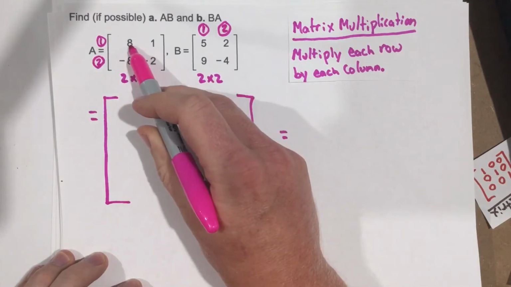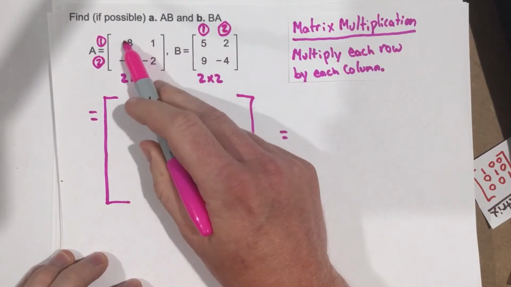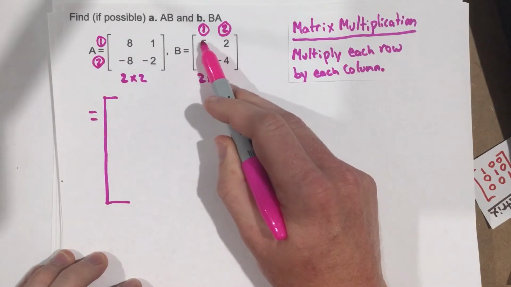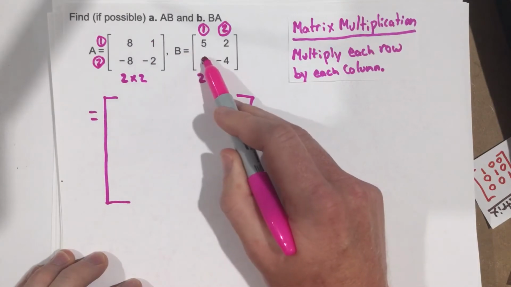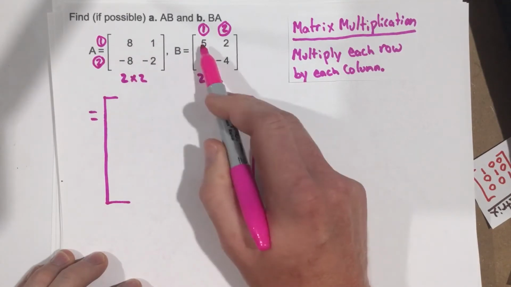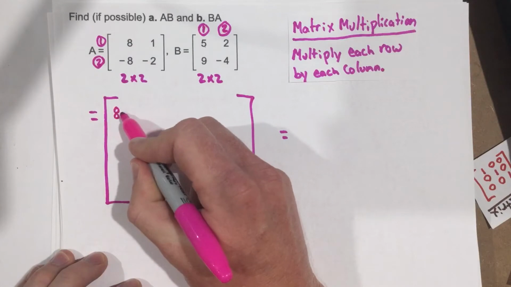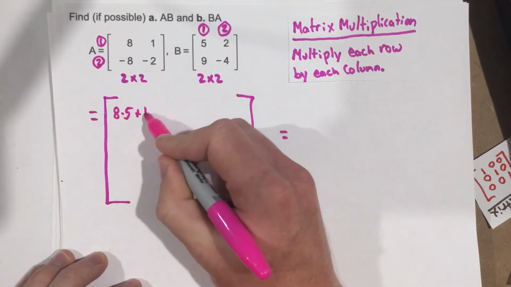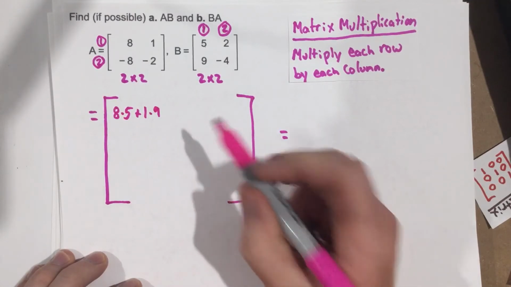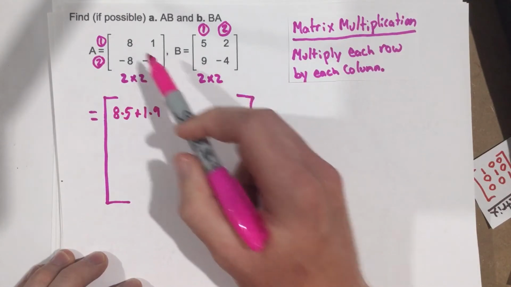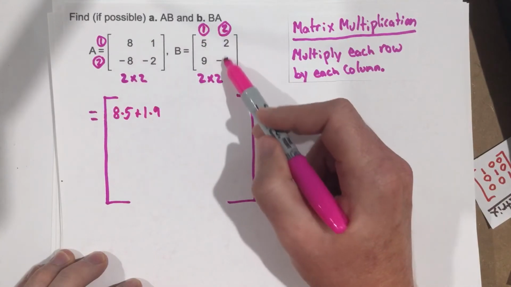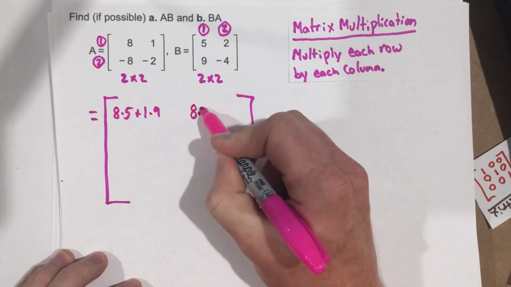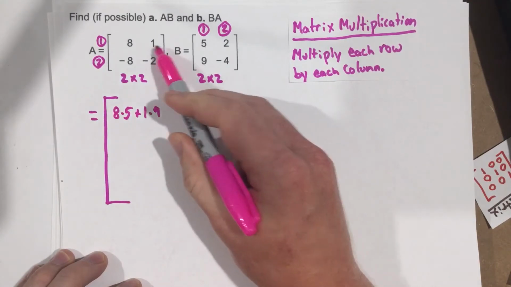So I'm going to take 8 times the 5. We do the first term of the row times the first term of the column, and then the second term of the row by the second term of the column. So 8 times 5 plus 1 times 9. And then I'm going to take this row times this column. So 8 times 2 plus 1 times negative 4.